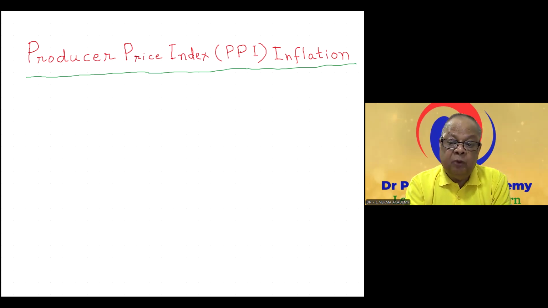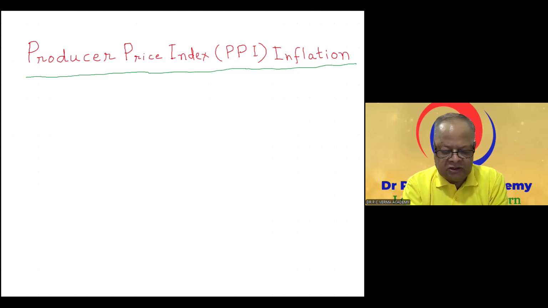PPI is very, very important in the American economy because it measures the effect of inflation in a very sharp way, and accuracy is there. PPI means Producer Price Index.